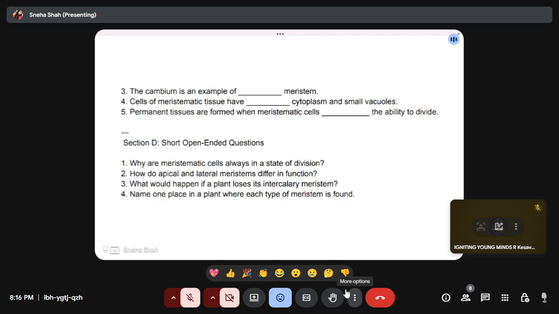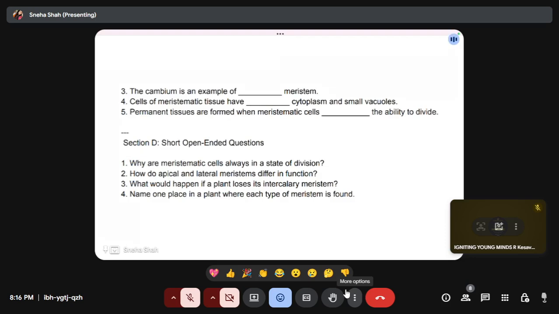Because we understood in cell division that the cytoplasm itself also gets divided, and as the cytoplasm has to be divided, it has to be extremely dense to contain the needed organelles or the needed portion of the cell. So the cytoplasm of the meristematic tissue cells will always be dense. Understood?